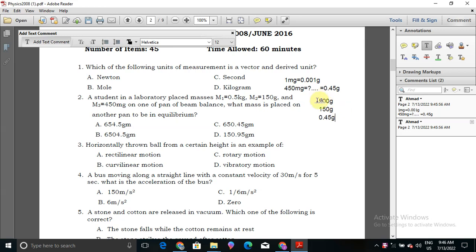When you add all of the masses, the answer will be 650.45. So after adding the 3 masses together, you get 650.45 gram. So the correct answer for question number 2 is choice C.